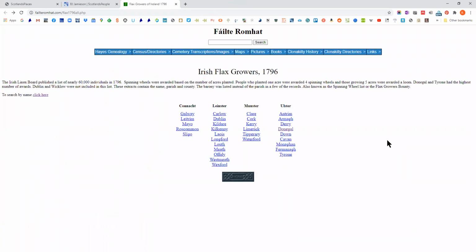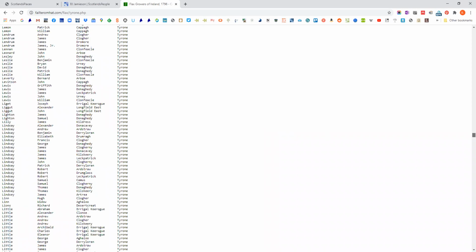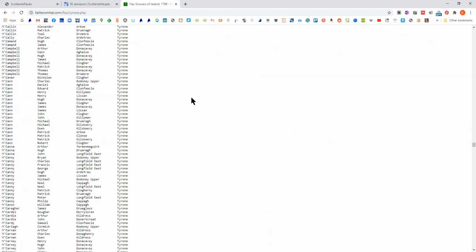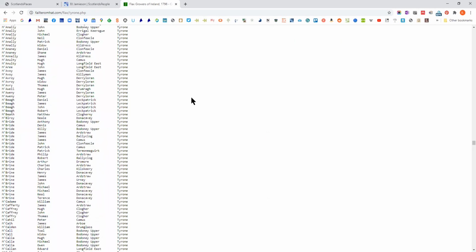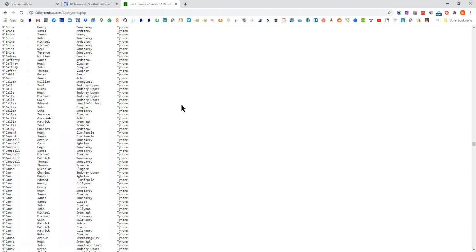You can also just look by the whole county. So we can go here and look for the entire list of Tyrone, which if you look here, I'm scrolling down. One of the things to notice here is the way they get around the MAC versus MC: it's just M apostrophe for all of them.